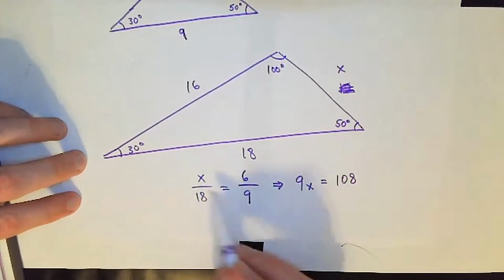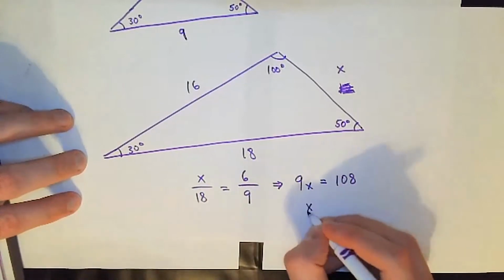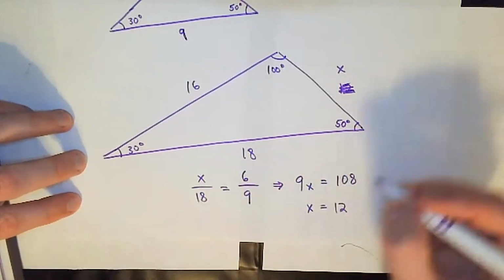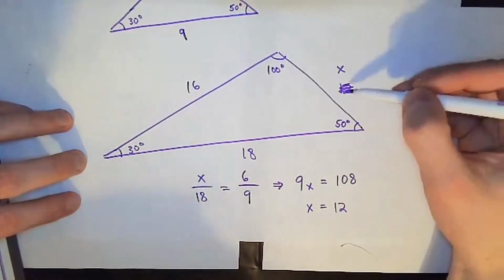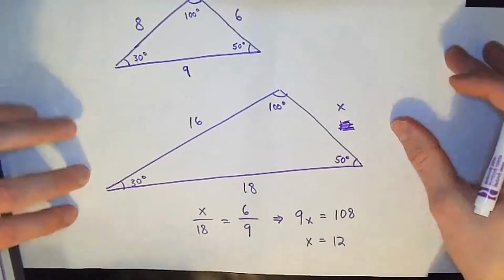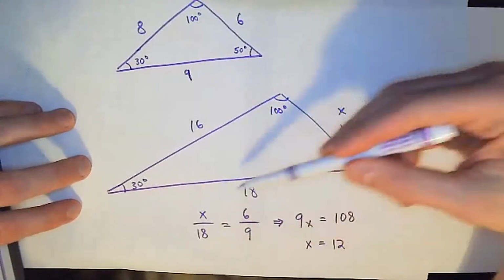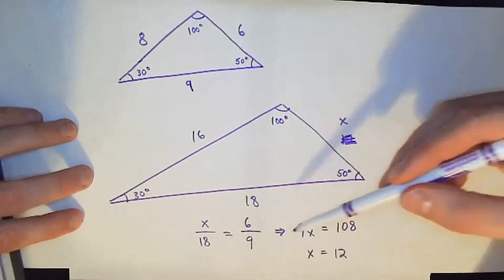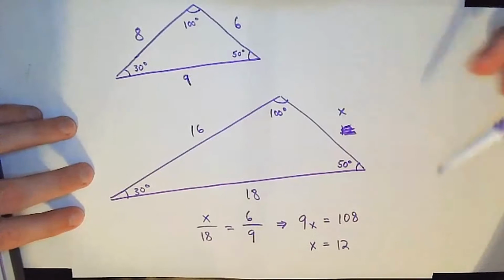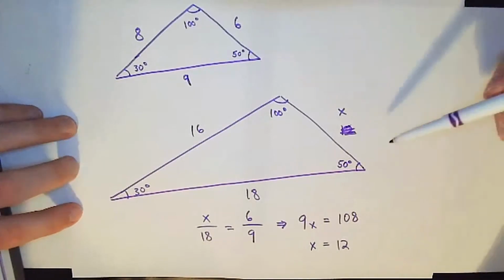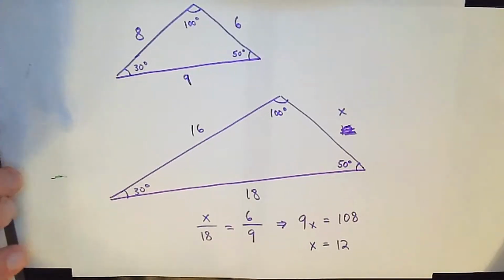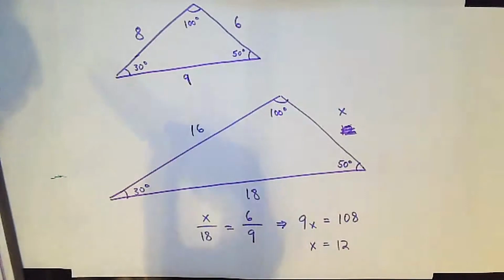Then dividing both sides by 9, I would get 12, which of course I already told you it was 12, right? And maybe it's even easy to tell. If you can tell that this triangle has just been doubled, then you don't really need to walk through all of this proportion math. If you already know it's been doubled, you can tell the side is 12 without having to do the proportion.